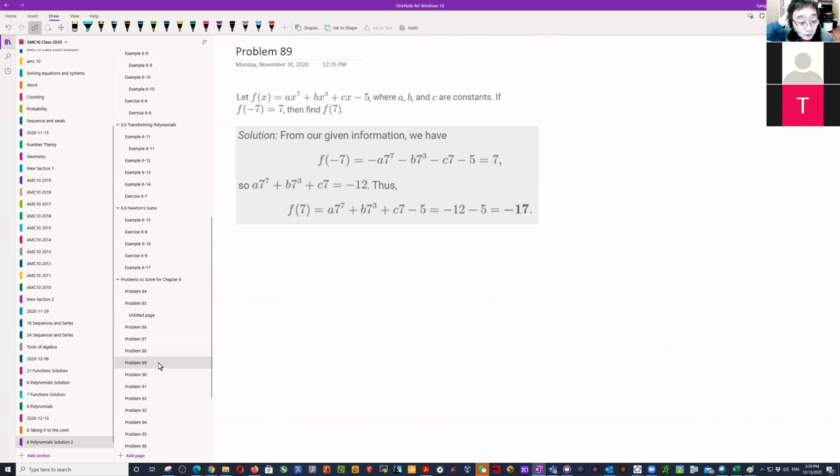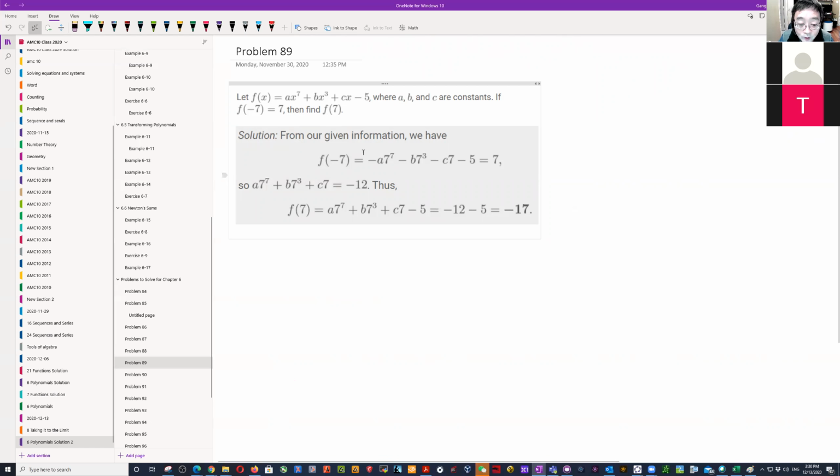Let's see if we can squeeze in one more problem. This is a function, a 7th power: f(x) = ax to the 7th plus bx to the 3rd plus cx minus 5, where a, b, c are constants. If f(-7) equals 7, find f(7).